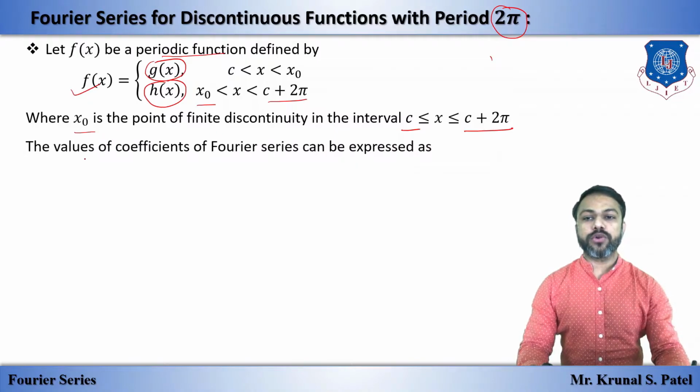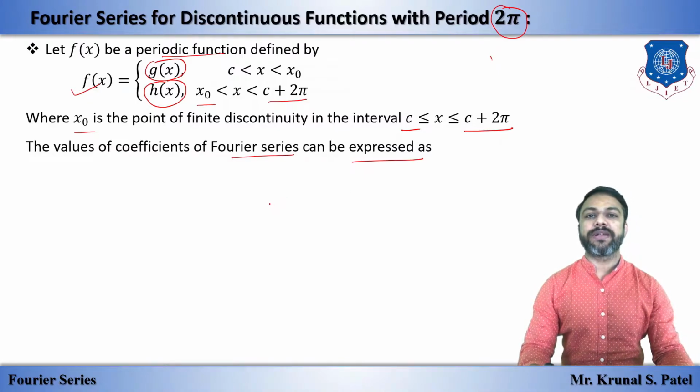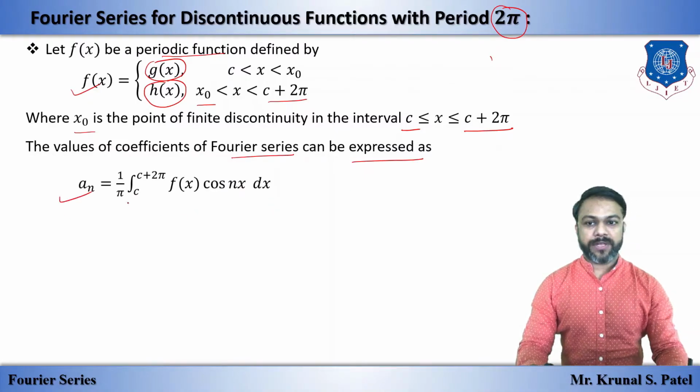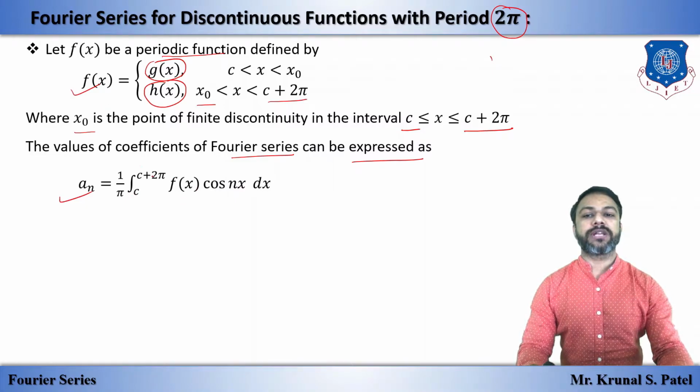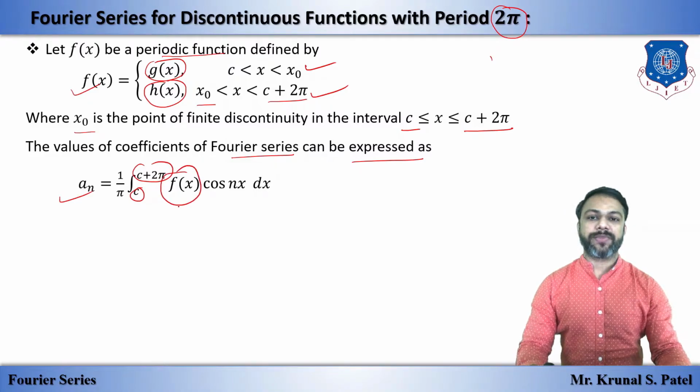Okay. So the coefficients of the Fourier series can be expressed as follows; here I have just given one example, an. This is the formula of an, but for a discontinuous function how will we apply this formula? We will break the interval c to c plus 2l into these two intervals, and according to the interval we will put the value of f of x.